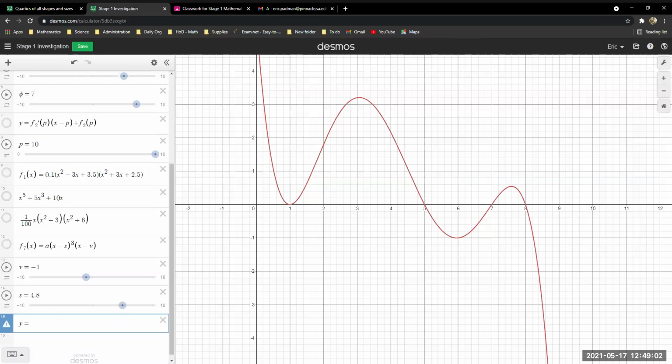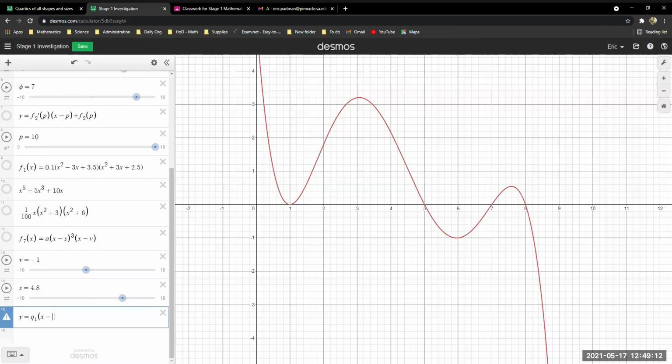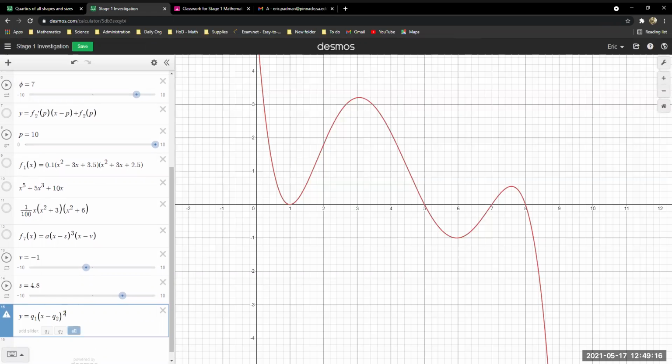Okay. I don't think I've used a simple Q, so let's do Q1, Q2 squared. And then you've got to be careful with this one.